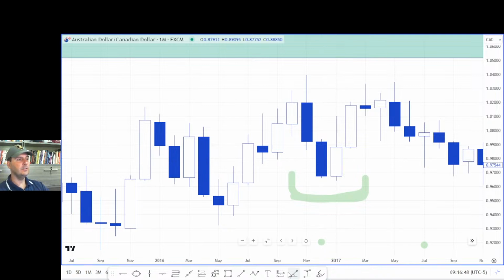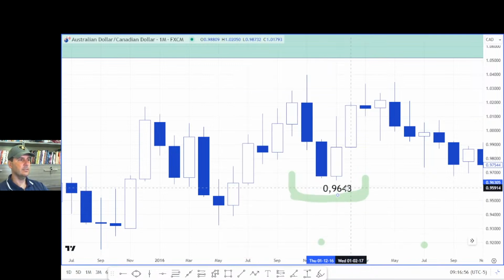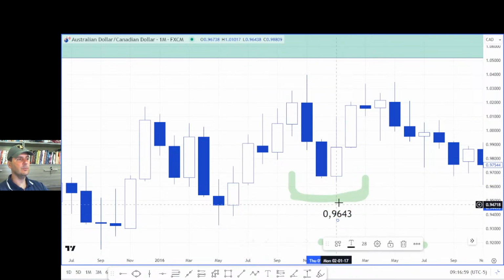If I move the mouse on the blue one, what's the number? 0.9660. So what is lower?